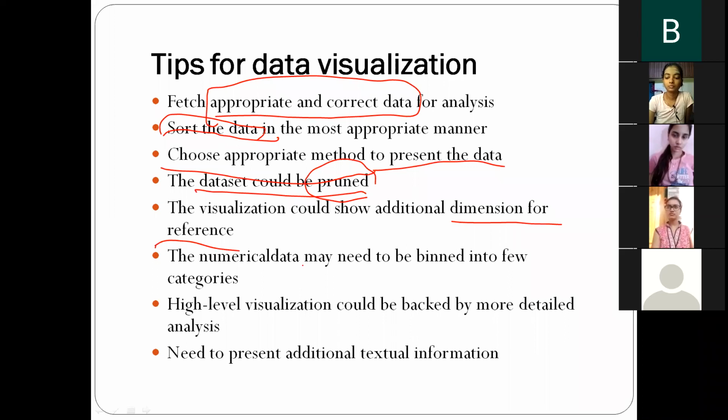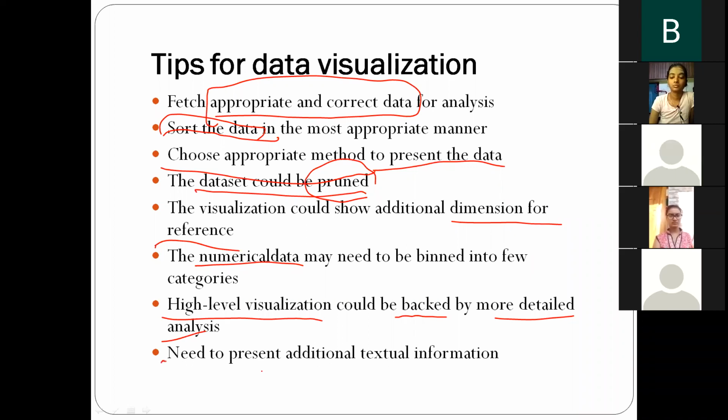If numerical data is there, you have to bin it into separate categories, and that is going to be helpful for the analysis. Next, a high level visualization could be backed by more detailed analysis. High level visualization should be done so that it is going to help the detailed analysis.